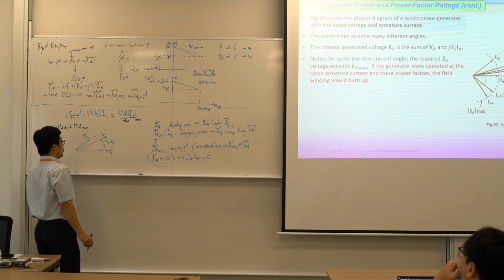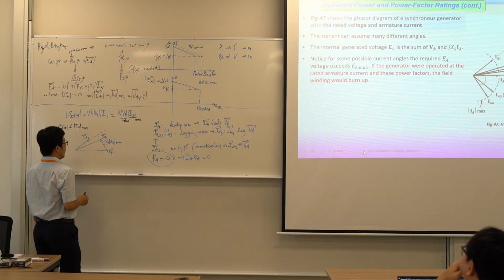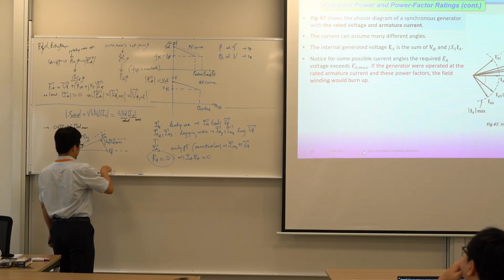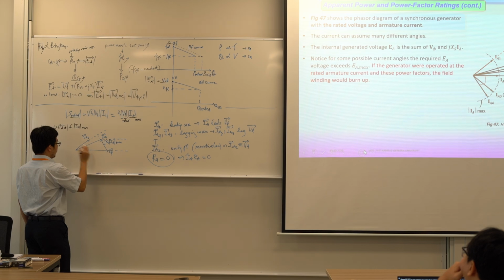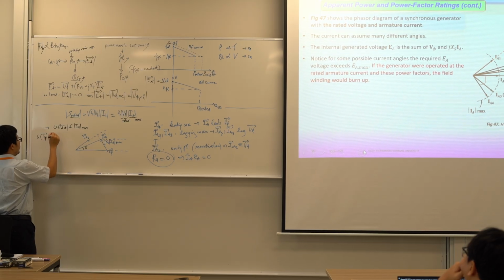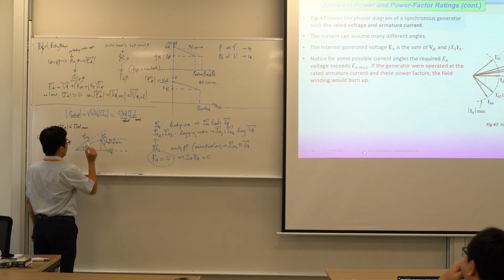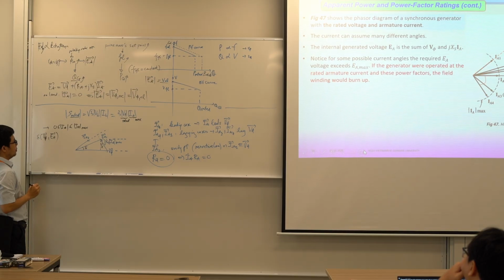If here is IA max, look at this one, this is delta, the phase angle between V phase and EA.